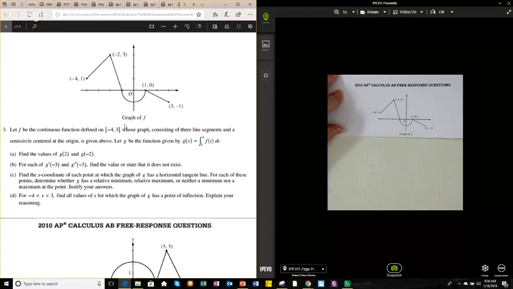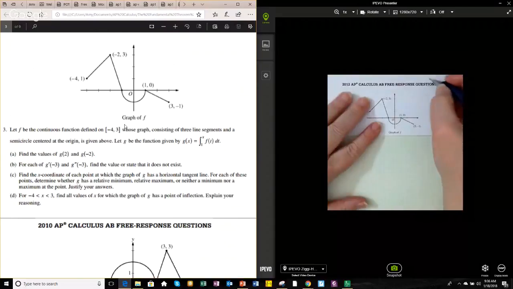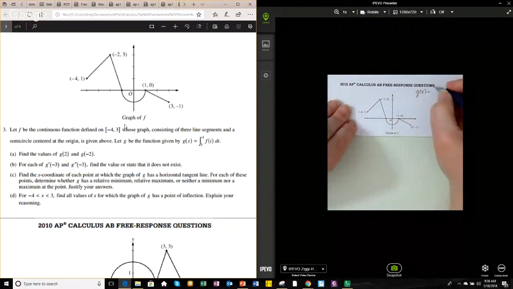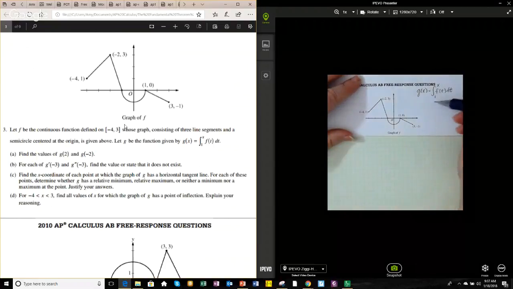Let g be the function given by the integral from 1 to x of f of t dt. So right away, they're telling us that g of x is equal to the integral from 1 to x of f of t dt. And now some bells and whistles I hope are going off, because this means this is an area accumulation function.